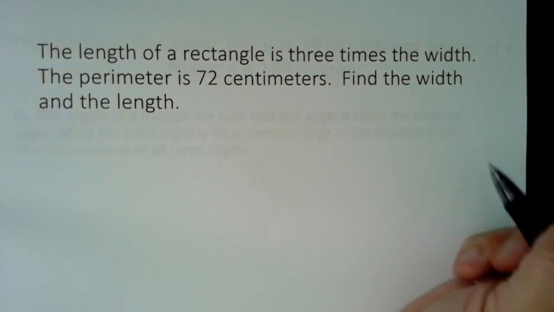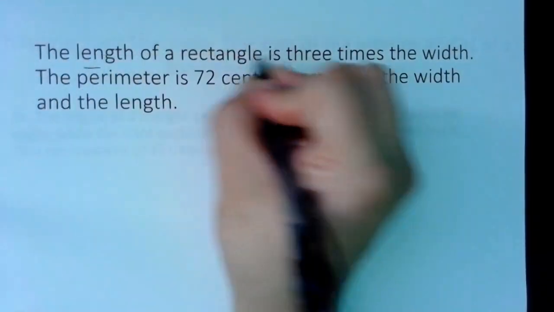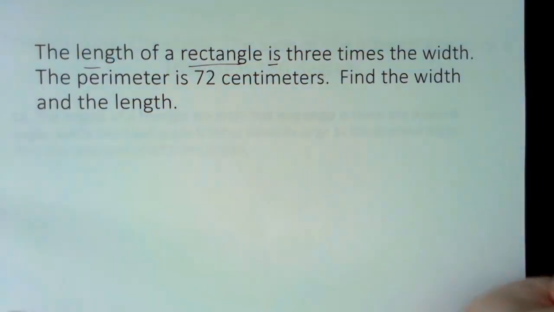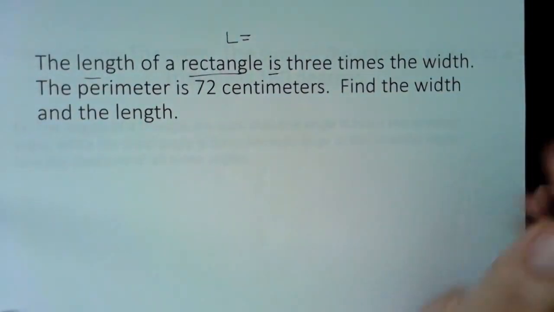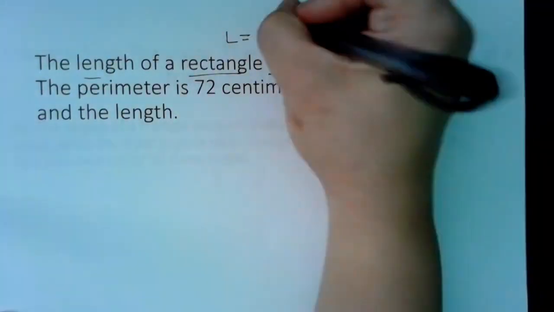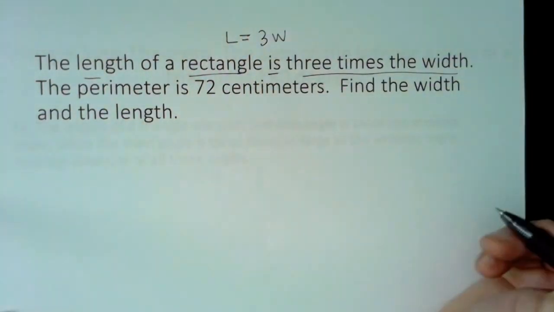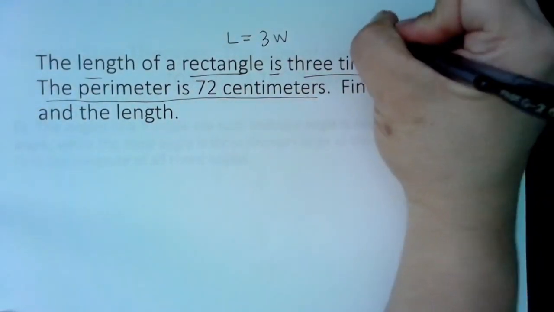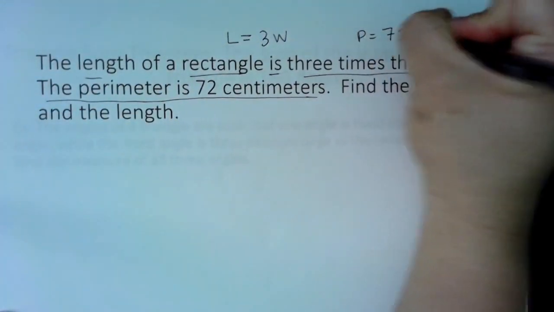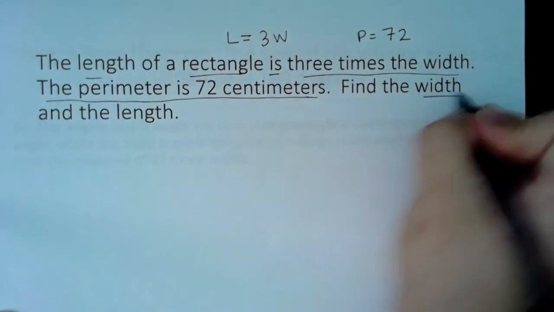It's just good practice. Okay, so it says here the length of a rectangle is, so it says here length, so length is 3 times the width, right? So 3w, that's what's given to us. And it says the perimeter is 72 centimeters, so perimeter is equal to 72, right? Find the width and the length.